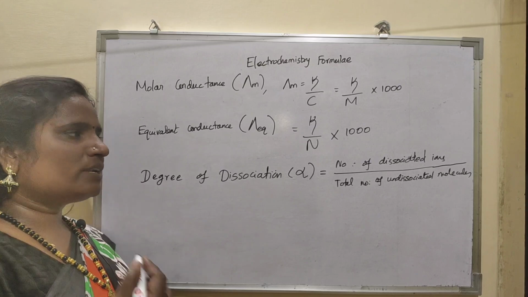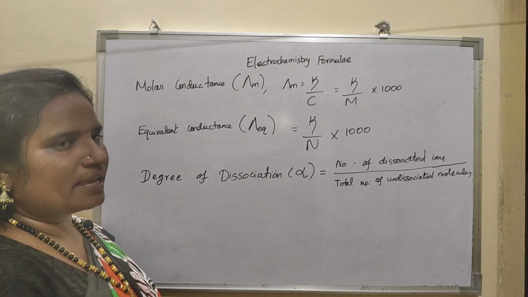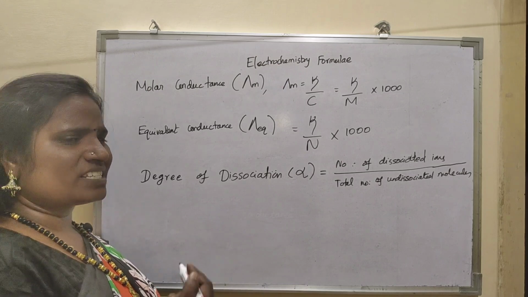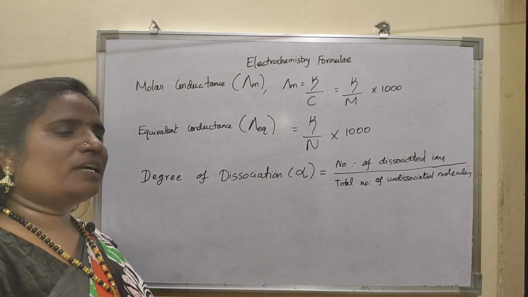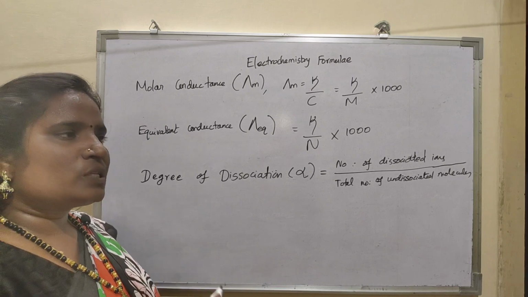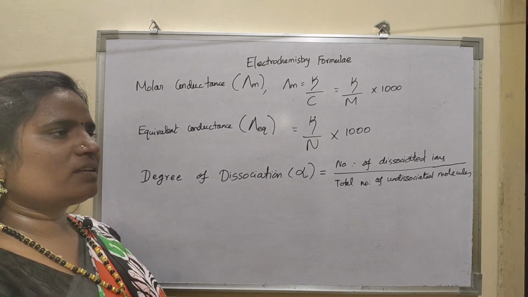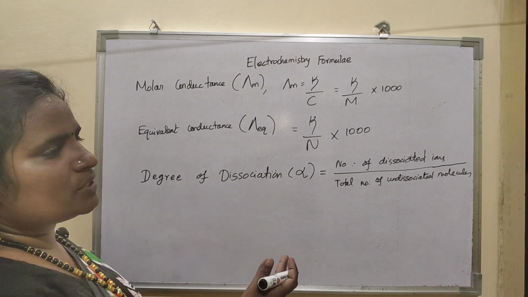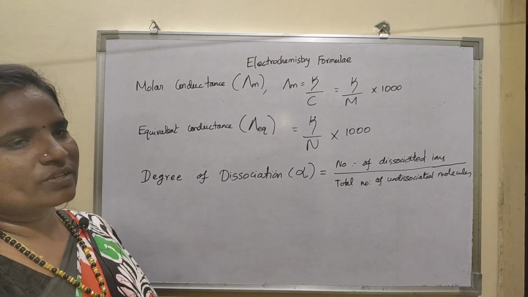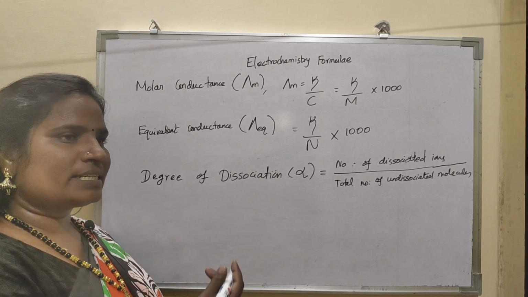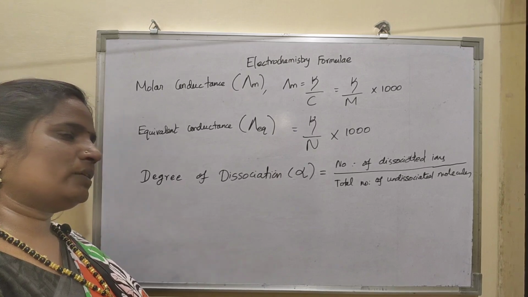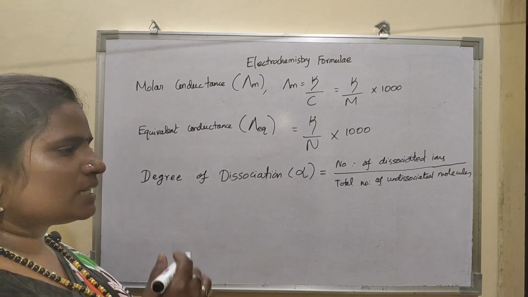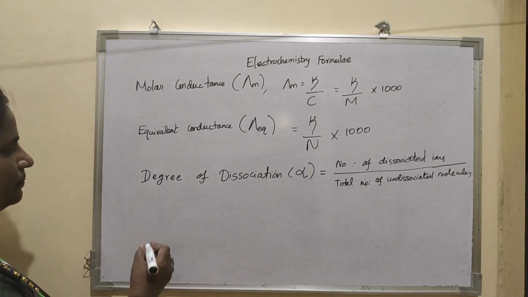If the electrolytes poorly dissociate and form fewer ions, they are known as weak electrolytes. So the degree of dissociation has a very close connection with weak electrolytes because it explains the properties of the weak electrolytes. The law was given by Ostwald, the Ostwald dilution law, that will come next.